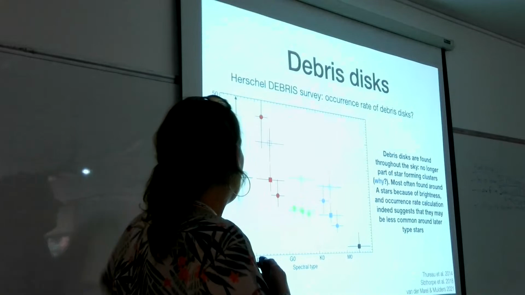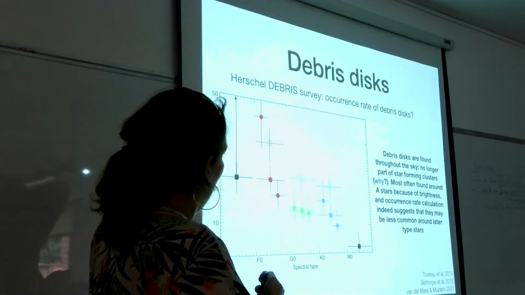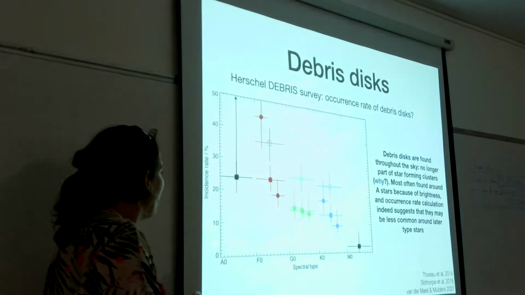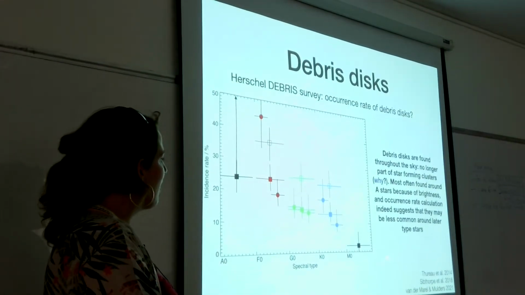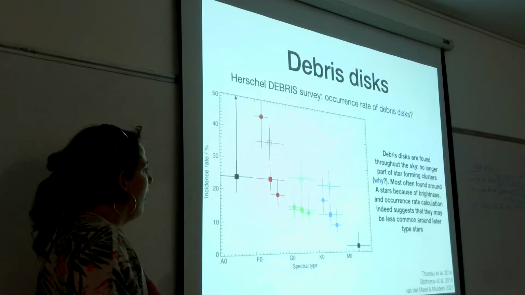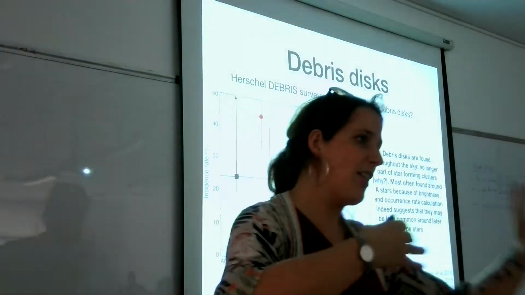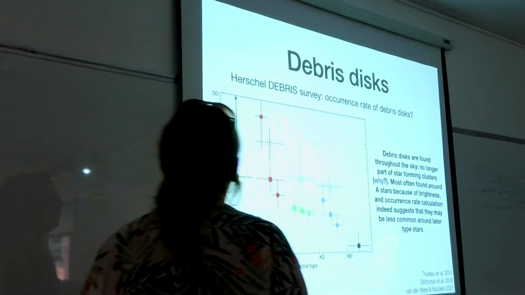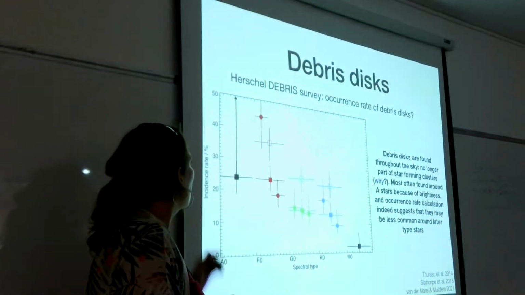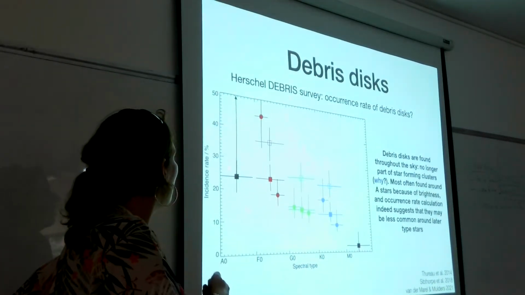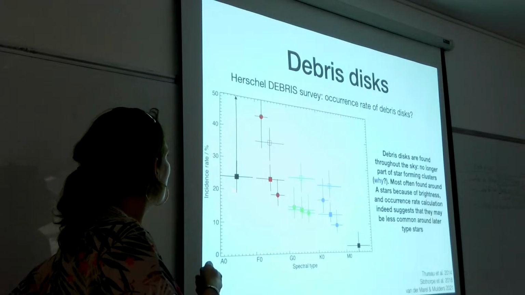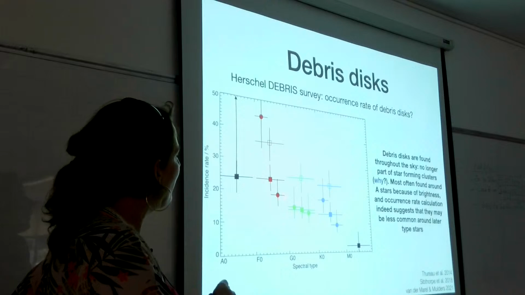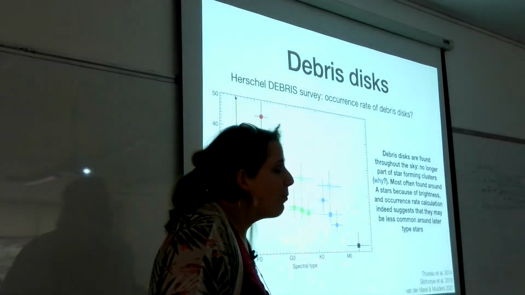Some attempts were done with the Herschel debris survey, where they tried to measure the occurrence rate, or actually the incidence rate, of debris disks as a function of spectral type. With a detection-based sensitivity calculation, they said the probability that an A star has a debris disk can be as high as 50%, but for FGK stars it drops down to 20%, and even down to a few percent for an M star.